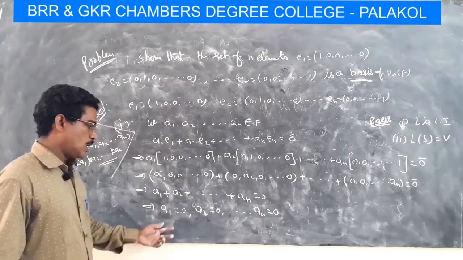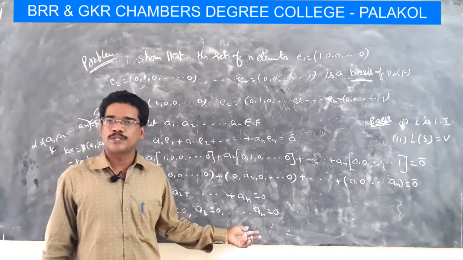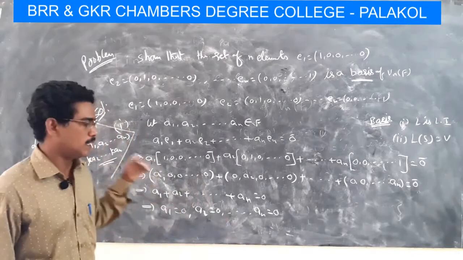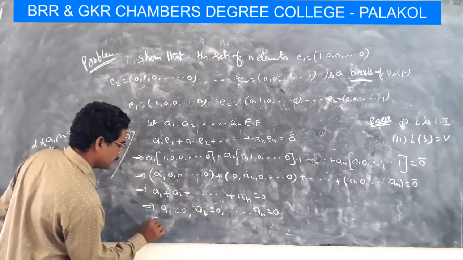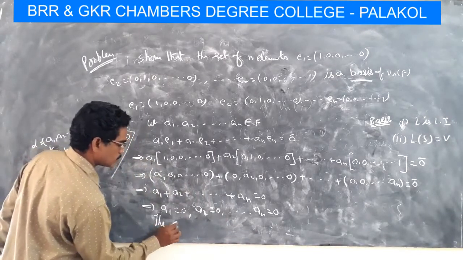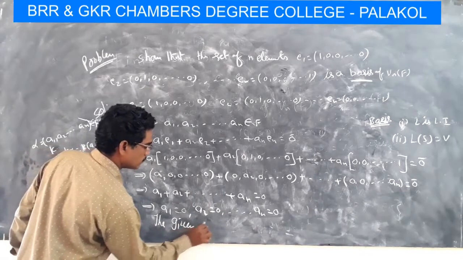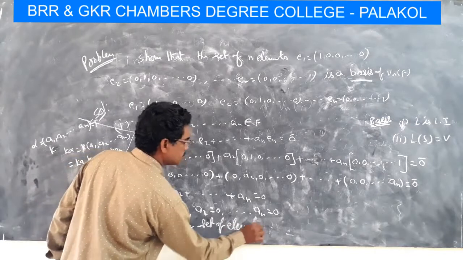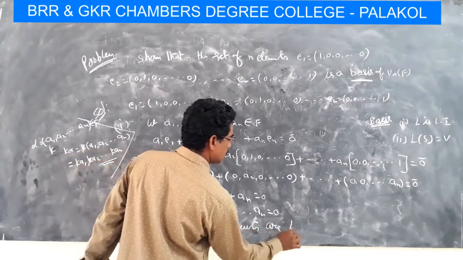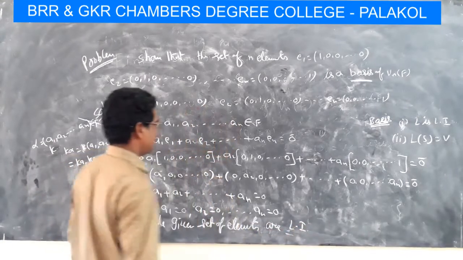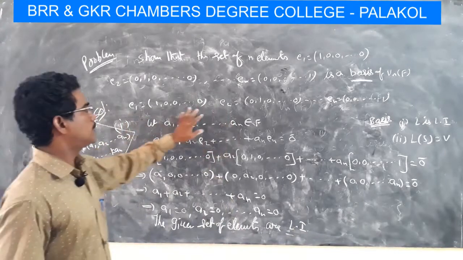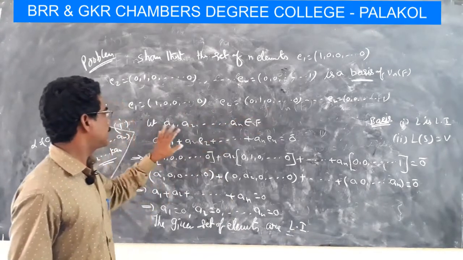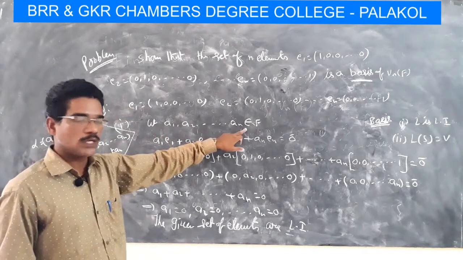So all the elements are 0, then the given set of vectors are LI. The given set of elements are linearly independent. So given e1, e2 so on en, let a1, a2 so on an belong to F.